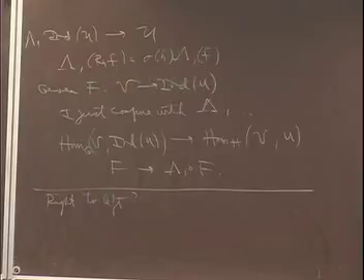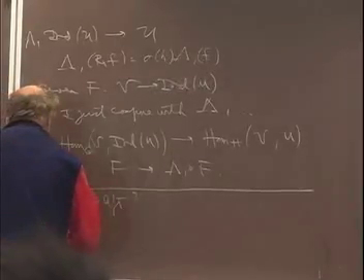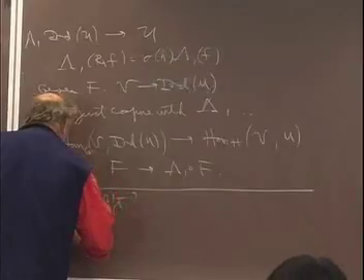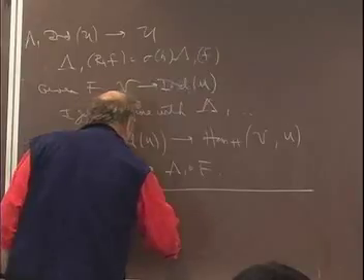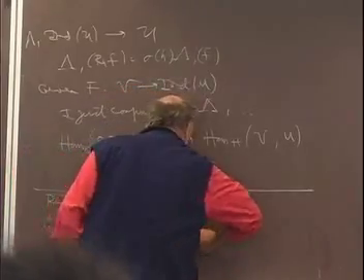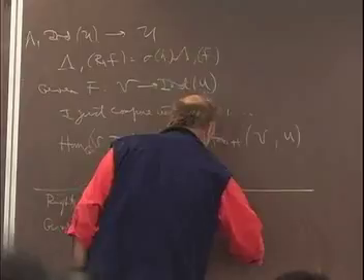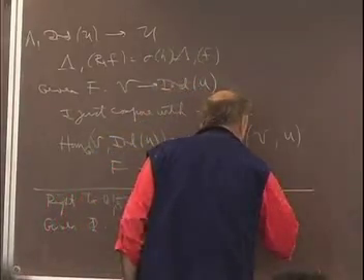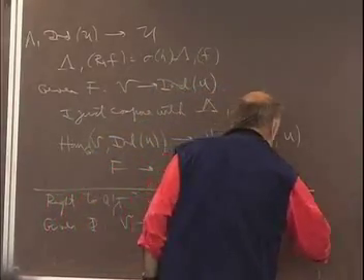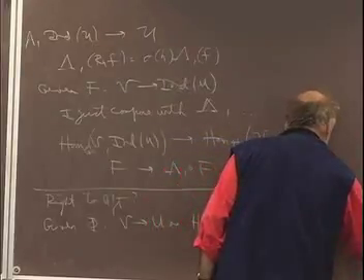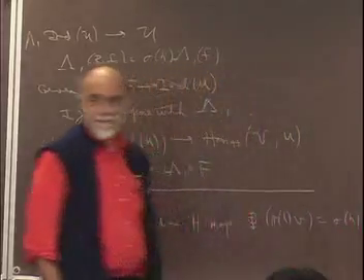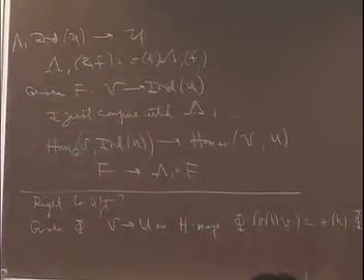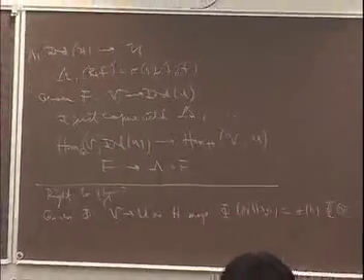So let's see. I'm given phi from V to U, an H map. So what we have is that phi pi H V equals sigma H phi of V. Since we have it written, I'll write it out.